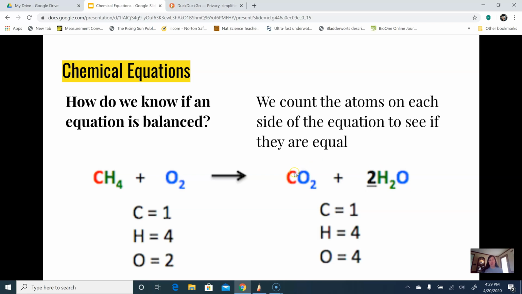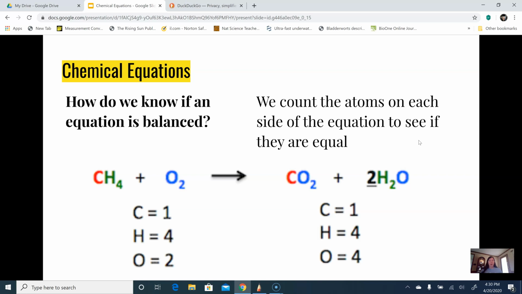So let's count on this side, the product side, right? We have 1 carbon, okay? And over on hydrogen, you see the 2 in front, which is the coefficient. You have the 2 subscripts, so remember you multiply those, and that's how they get 4 hydrogen. Now when it comes to the oxygen, remember we're looking at the arrow as kind of like a seesaw. It's got to be completely balanced.